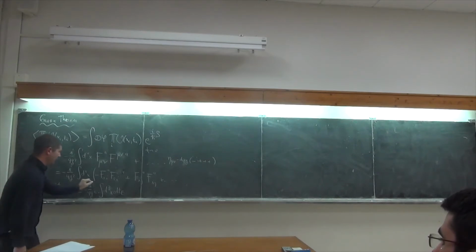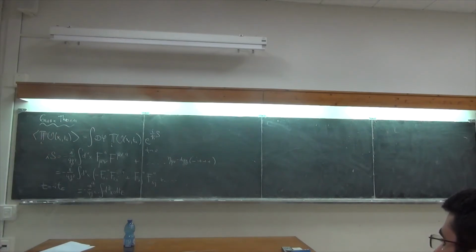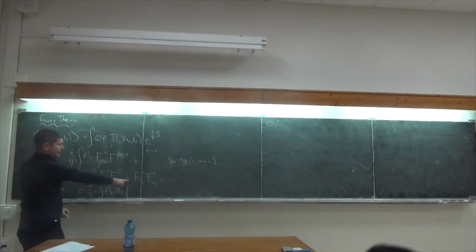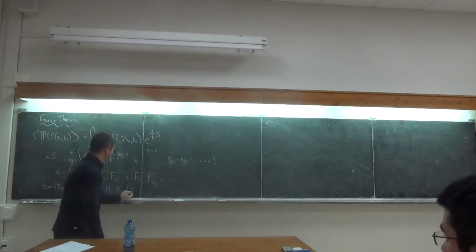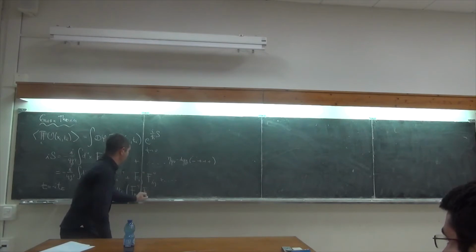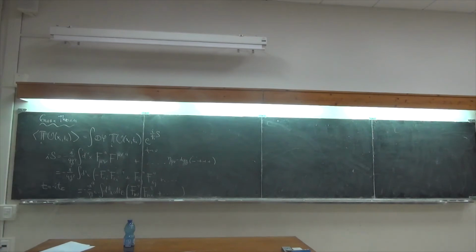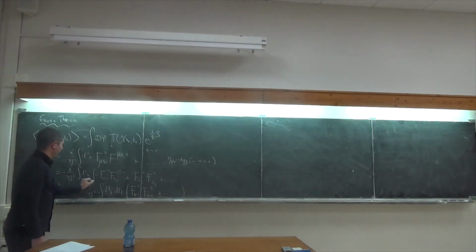So I have i squared here. Okay, and what is here? What appears here now is the Euclidean metric. Therefore I can write this as F mn. Therefore I get something, okay, this is plus 1.